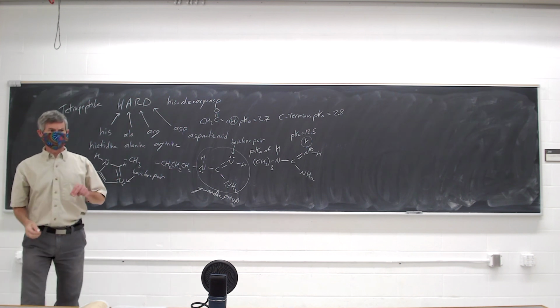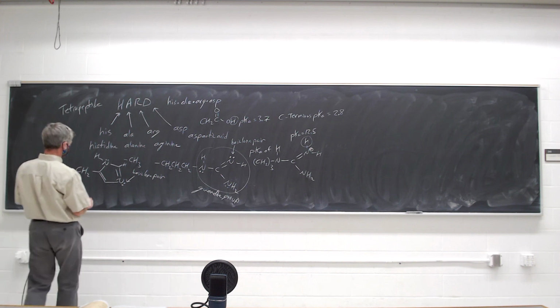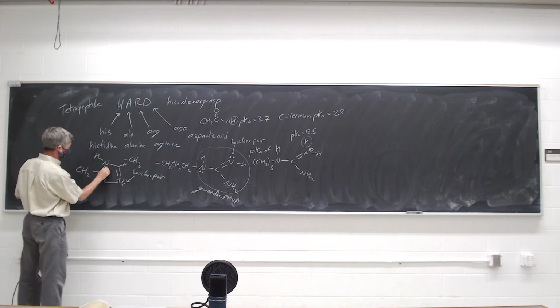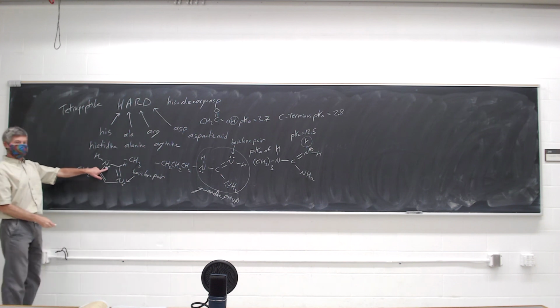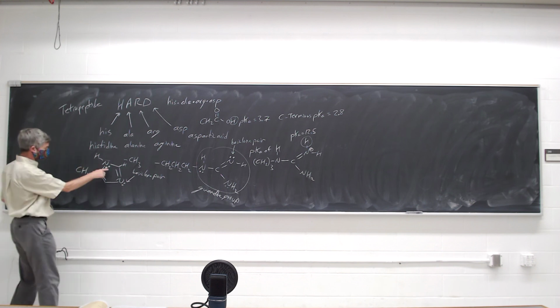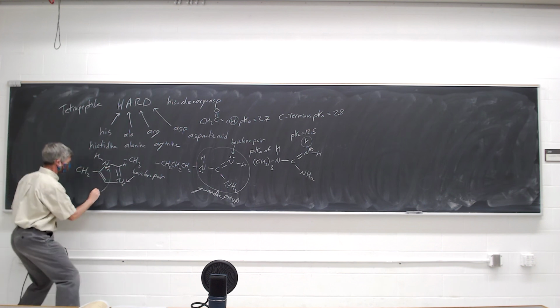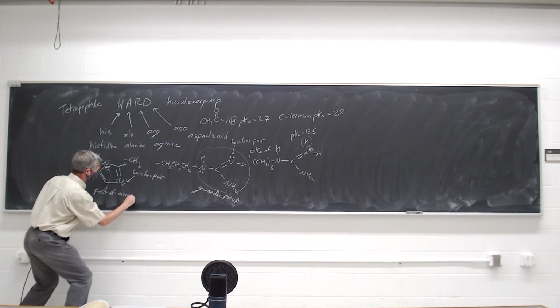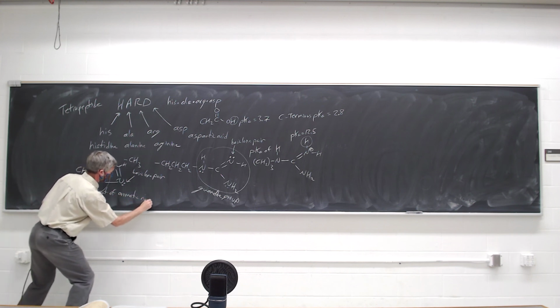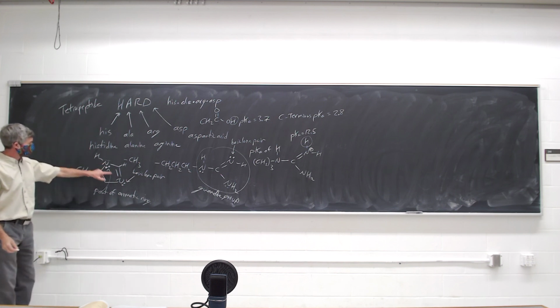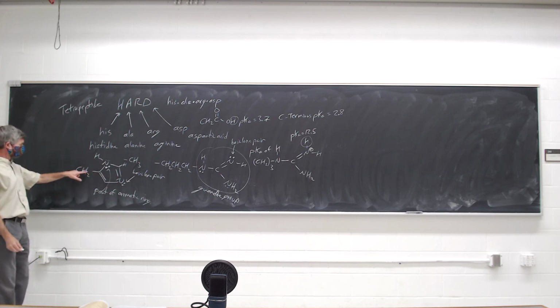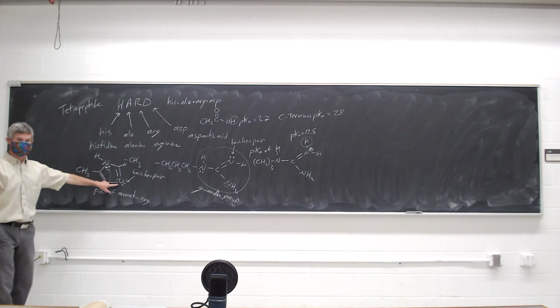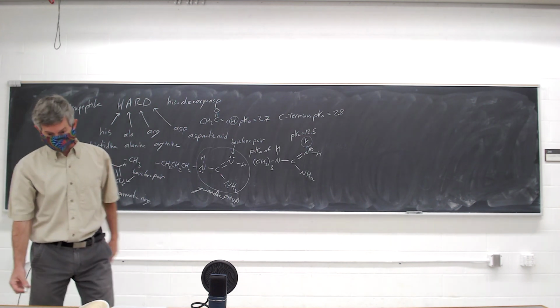Usually the basic lone pair is going to be the one that is on the nitrogen with a double bond. And it's definitely not that one, because that one's part of the aromatic system. So the imidazole has nitrogens in positions 1 and 3. The thing that's hard to remember about histidine is that the CH2 is next to the NH group, not next to the N that doesn't have the hydrogen on it.